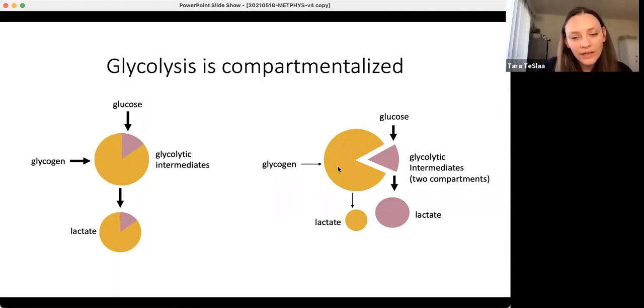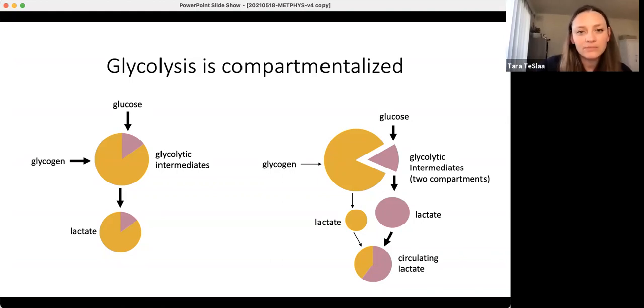While tissues that use glycogen for glycolysis may account for a large fraction of the glycolytic intermediate pool, they produce lactate at a slower rate. Therefore, when we look at whole body circulating lactate, we see much higher amounts of lactate labeling from circulating glucose.